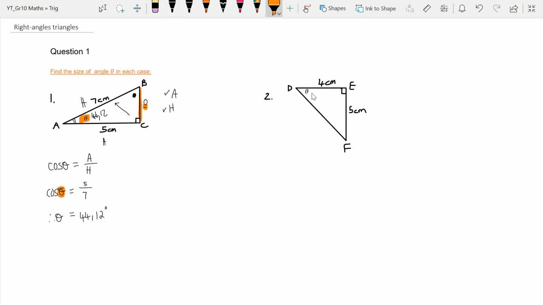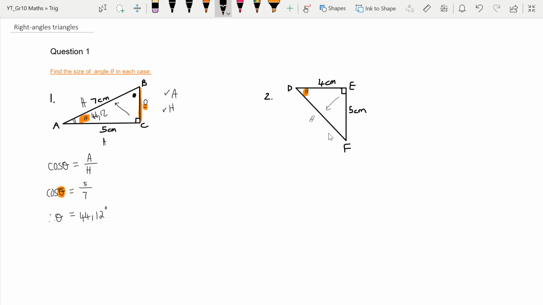Let's see where theta is there. We're supposed to find a missing angle in this 90-degree triangle. Again, we can't use sum of angles of a triangle, but we can use trig, and that is why trig is so handy. Which ratio are we going to use? Well, what we're given helps us determine that. Our hypotenuse is that side over there. Oh, that's blank. We're not given that.